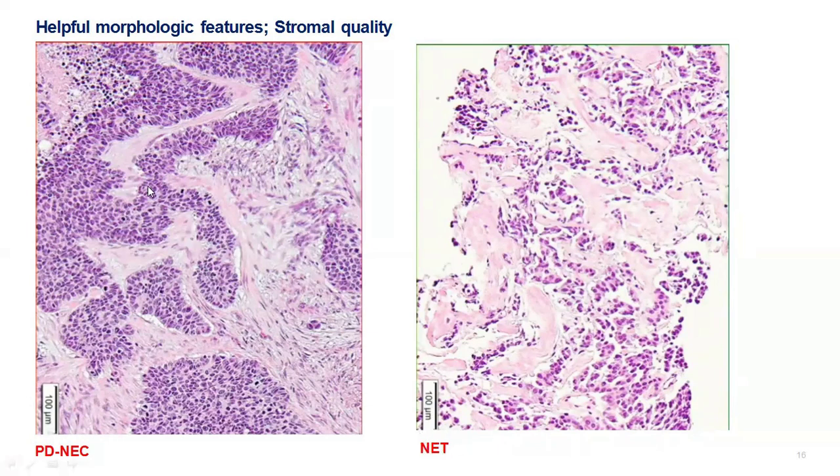In the poorly differentiated neuroendocrine carcinomas, here in this picture we can see that there's an infiltrative lesion which is having a stromal reaction in form of the desmoplastic reaction, while in the neuroendocrine tumors we have the discohesive type of architecture of the tumor, and we have the pinkish and hyalinized stroma, but there is no desmoplastic reaction around them, and this hyalinized stroma is formed by the hyalinized vessels around them.